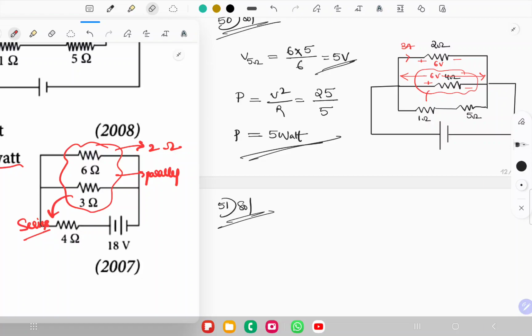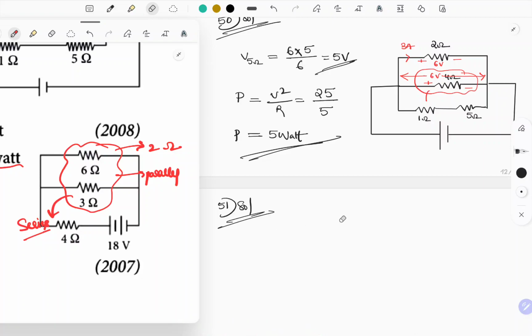Equivalent is 2 ohm, and 2 ohm and 4 ohm are in series. Then the remaining circuit looks like this: 2 ohm, 4 ohm and 2 ohm. 4 ohm and 2 ohm are connected in series. Resultant resistance is 6 ohm.